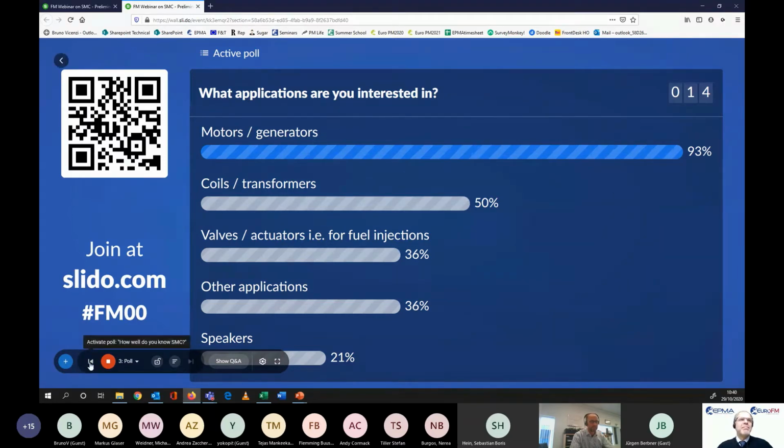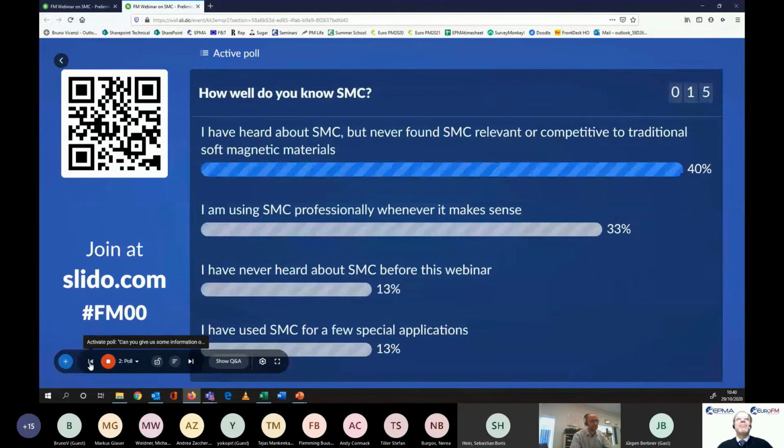So that is very promising, and it also puts some pressure on the speakers, because now you have to deliver a high-level presentation to make sure that the newcomers in the SMC world leave the room today with a lot of new information in their heads.